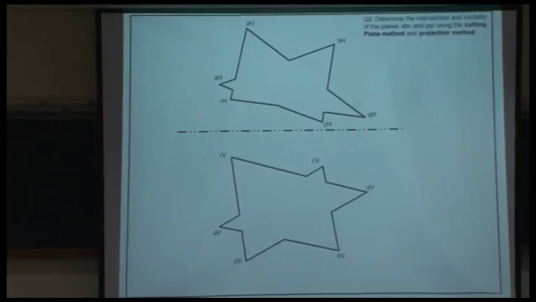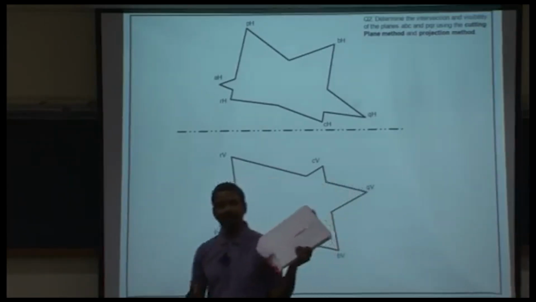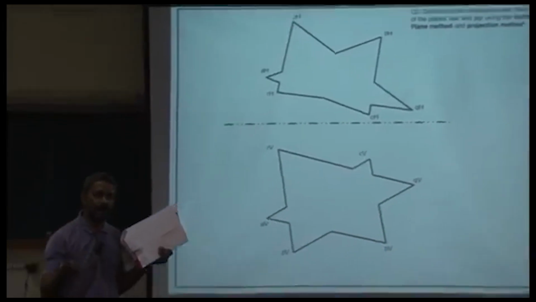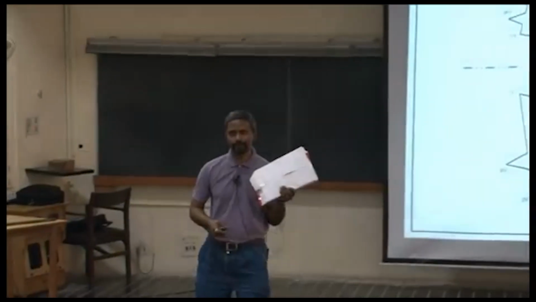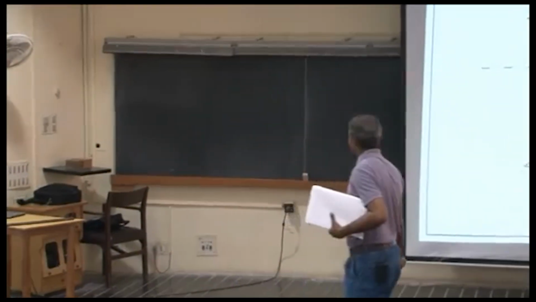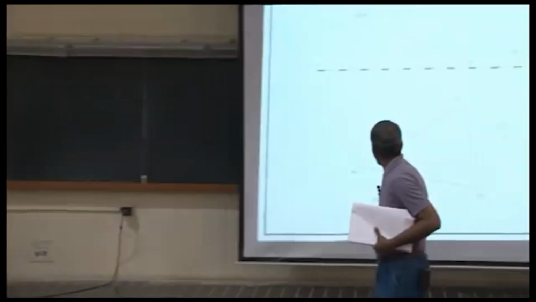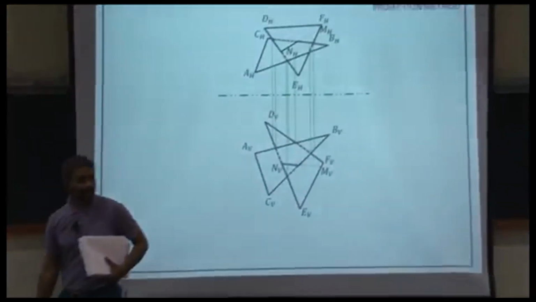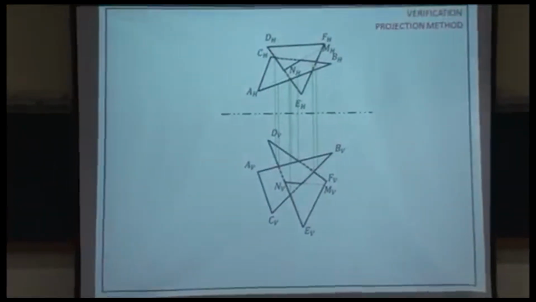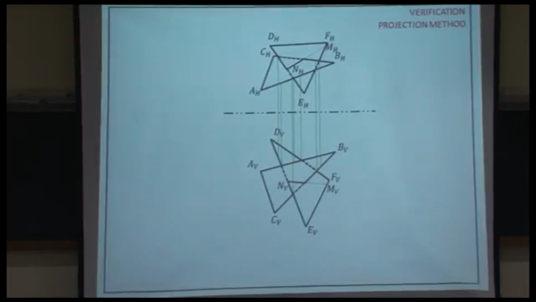I'll give you enough time to solve these questions. Okay, so I will give you a single paper, and these 2 questions are on the 2 sides of that paper. Okay. While you are solving that, for reference, I'll keep this slide in front of you so that if you are stuck, you can refer to this and solve.